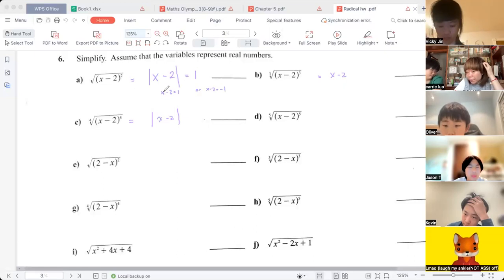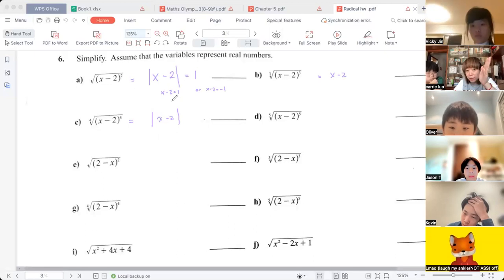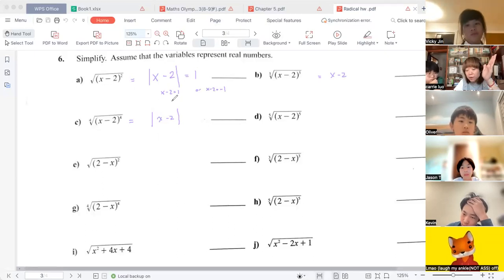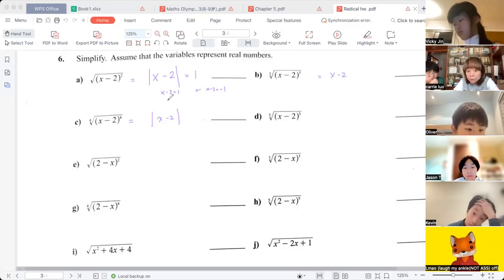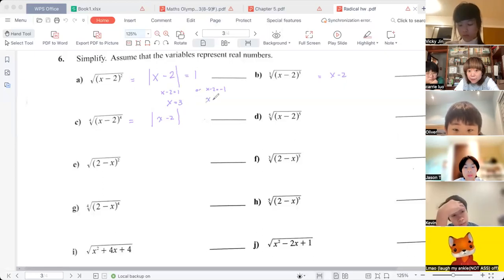Because Jason, you can see the answer right away now, but when the question gets more complicated it won't work. So if you put it into the 2-case scenario, then no matter how complicated, you can still do it. Understand, Jason? So it's x equals 3 and x equals 1.